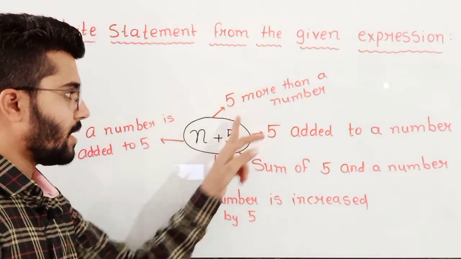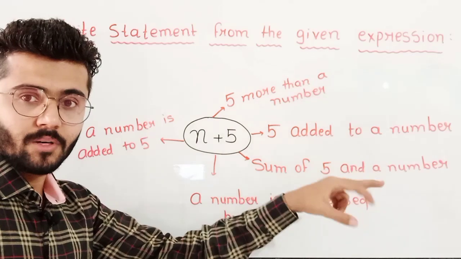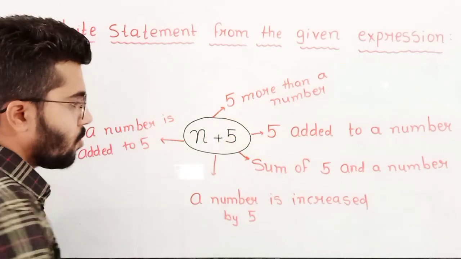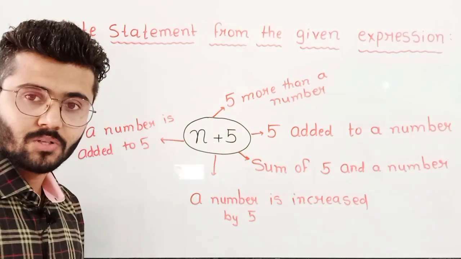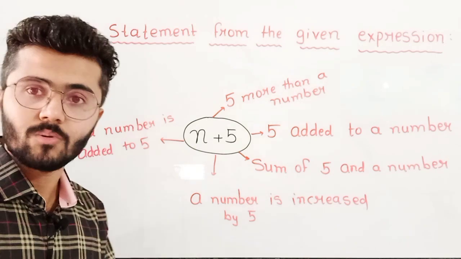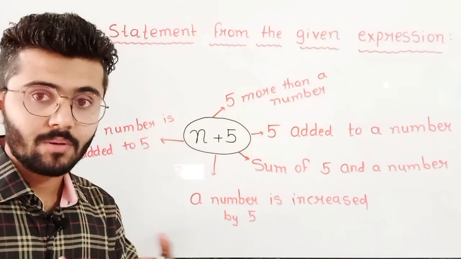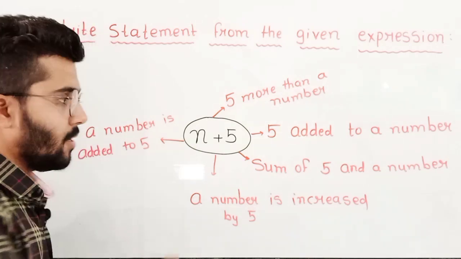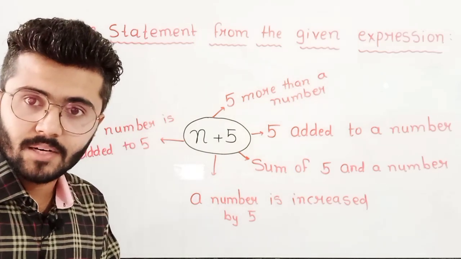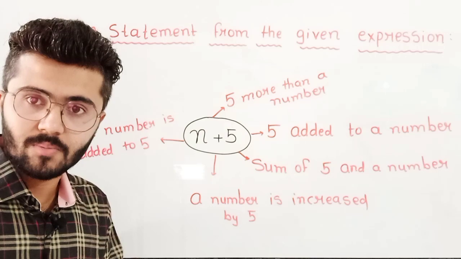So here 5 more than a number means 5 is added to a number. So for one algebraic expression we have 1, 2, 3, 4, 5 possible statements. There can be more also. So here we will see some of the examples and we'll write the correct statements for the given expressions.